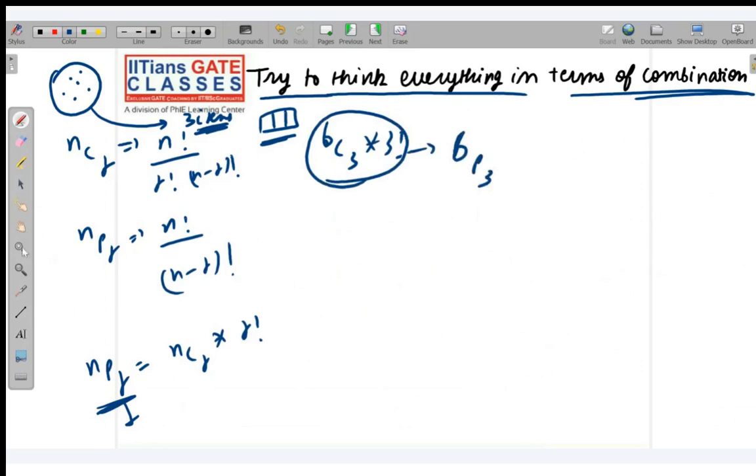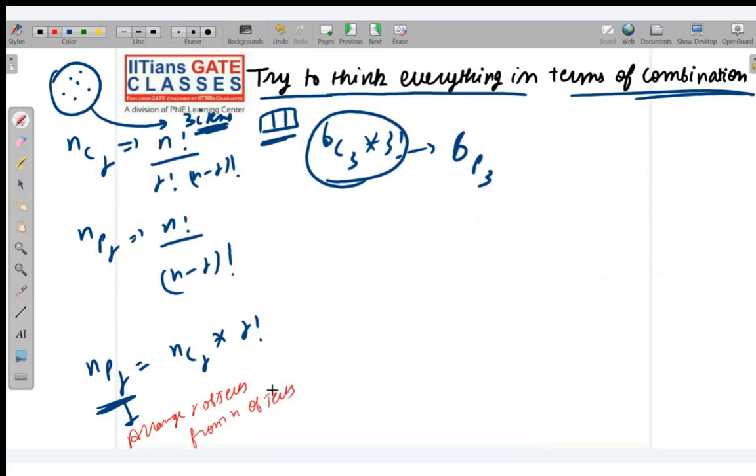Let me write it so that you get more clarity. What do you mean by NPR? Arrange r objects from n objects.